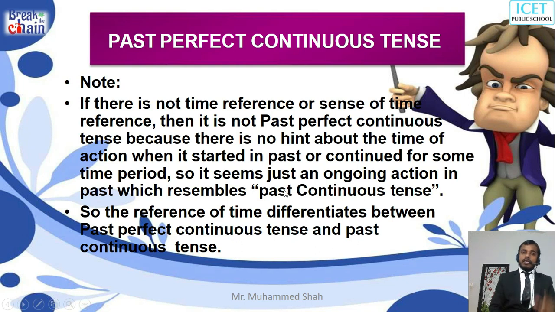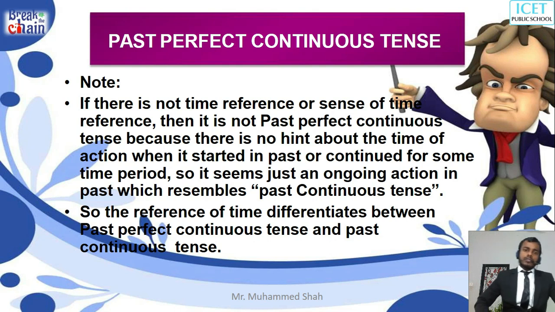Please note that if there is no time reference, or the sense of time reference is not there, then it is not past perfect continuous. If there is no reference like since or for, or any reference like long time ago, then you are not expected to use past perfect continuous tense, because there is no hint about when the action started in the past or how long it continued.